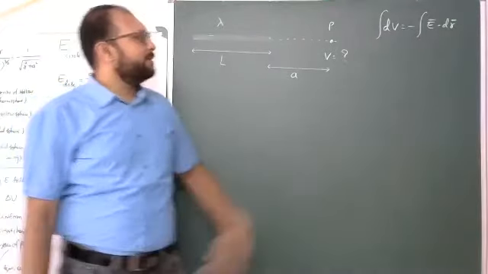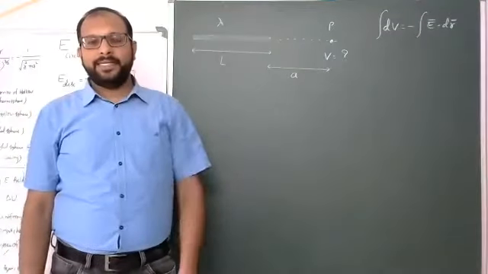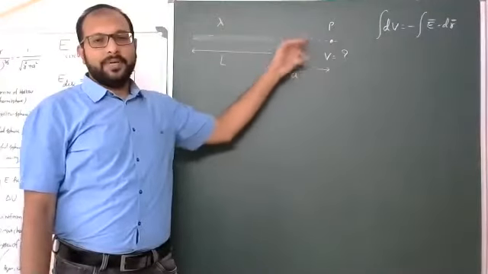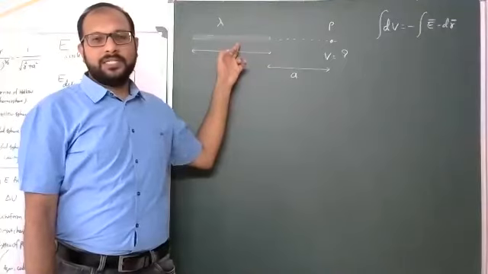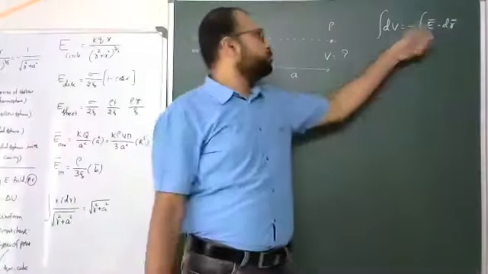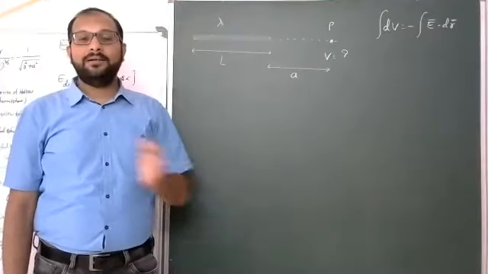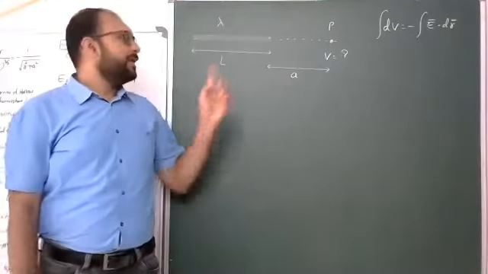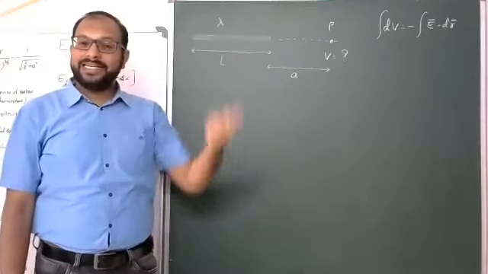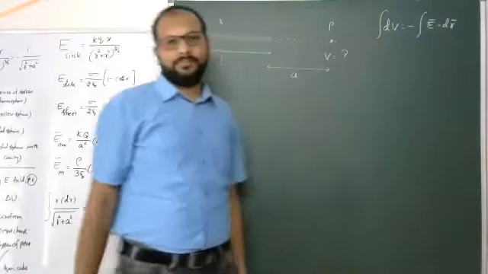In this method, E is the electric field on the axial line due to a linearly charged, uniformly charged rod, which we completed yesterday. That value you should substitute: K lambda L divided by a into a plus L. If you substitute and integrate, you will get one answer. This is method number one.